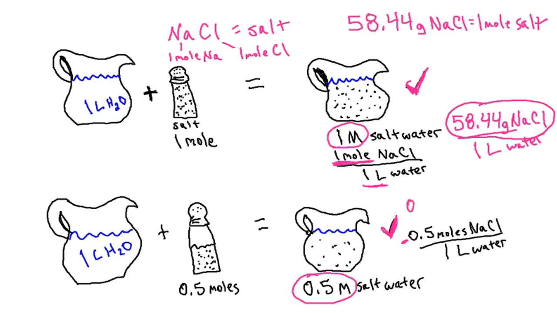So we're going to take that 0.5 moles and multiply it by that 58.44 grams, which is 1 mole of salt, and that's going to give you 29.22 grams. So in a pitcher of salt water that is 0.5 molarity, you're going to have 29.22 grams of salt for every 1 liter of water that you put in.